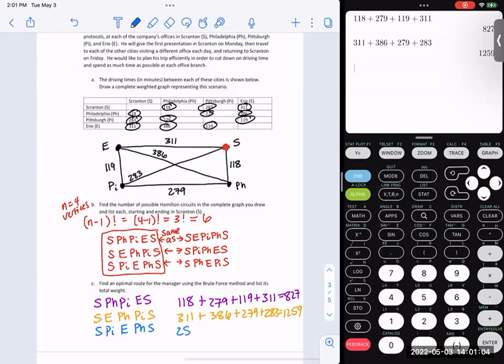That was 283 plus 119 plus 386 plus 118. And I'm getting 906 for that one.